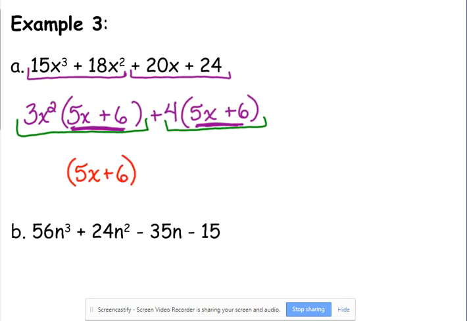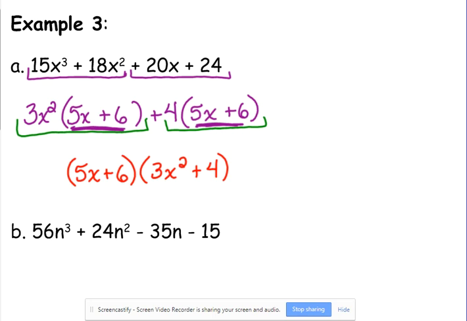So we can take out the 5x plus 6 because they both have it in common, and we are left with 3x squared plus 4. We factor that out as a GCF, so to speak, and we're left with the 3x squared plus 4.